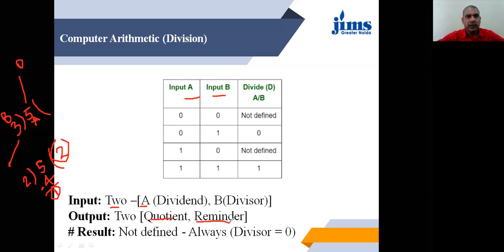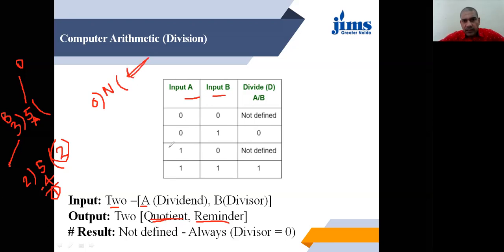As we know, in the case of division, the value of quotient is not defined everywhere. At some points it's undefined, and when we divide any number, suppose n is a number and we are going to divide this number by 0, then in that case this is not defined.